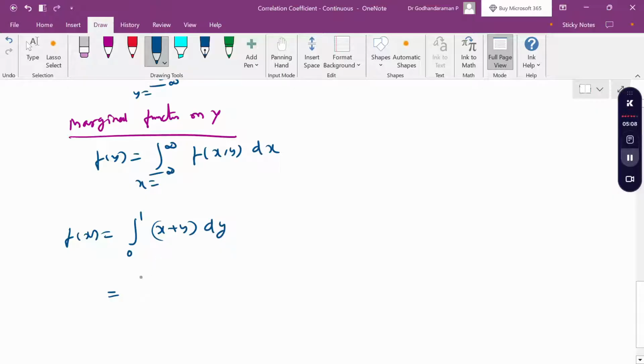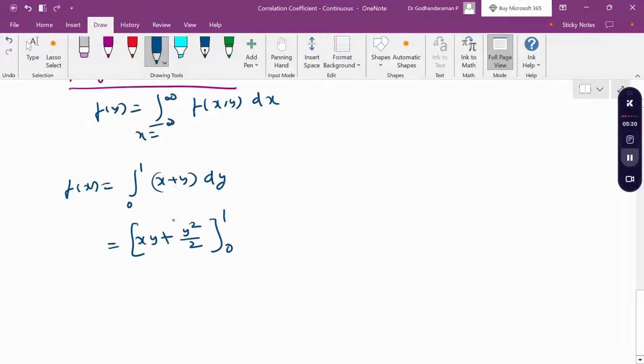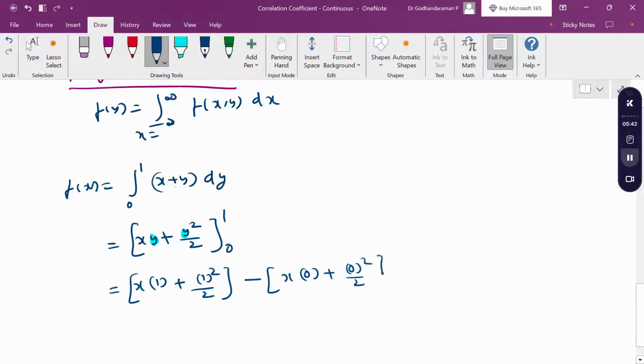Therefore, when I integrate, x is constant, so integrating dy gives y, and y dy integrates to y square by 2, from 0 to 1, upper limit minus lower limit. Then substitute the upper limit for the y terms, which is 1. Therefore x into 1 plus 1 square by 2 is the upper limit, minus the lower limit x into 0 plus 0 square by 2.